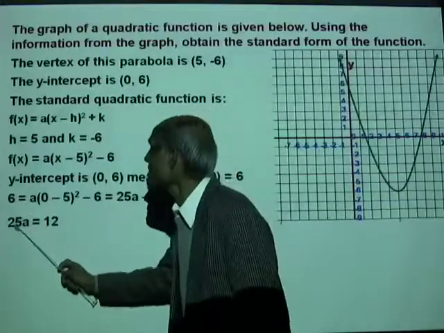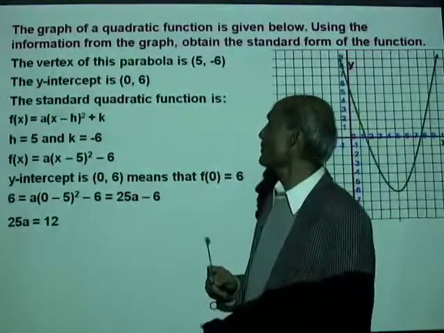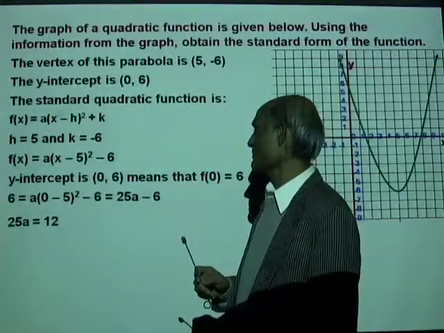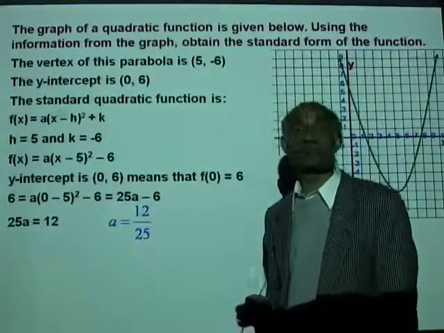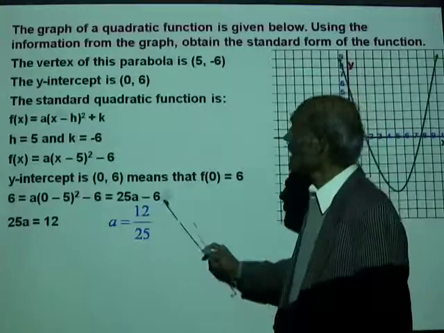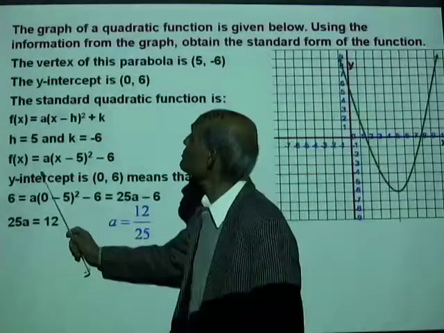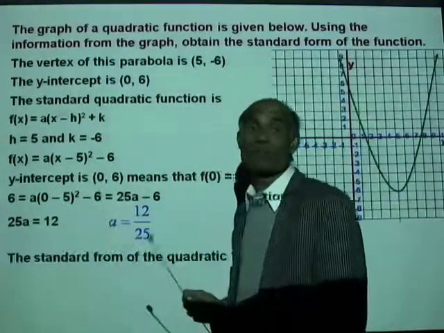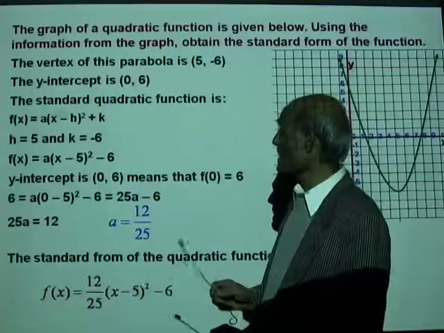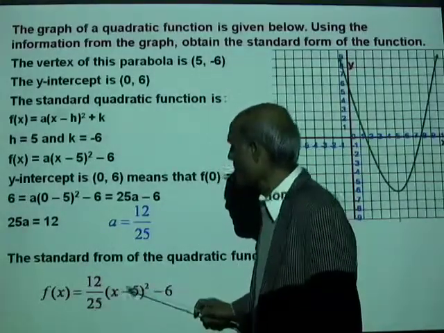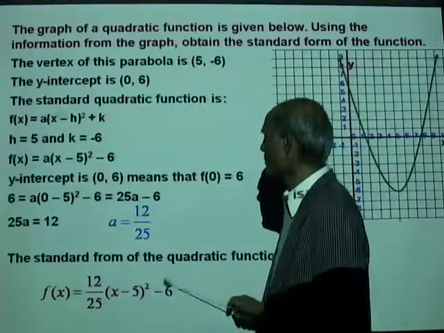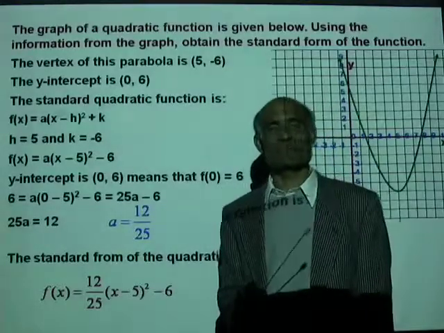So we get 25a equal to 12, and that will give you a equal to 12 over 25. We now take it into the equation. So the standard form of our equation is f of x equal to 12 over 25 times (x minus 5) all squared minus 6.